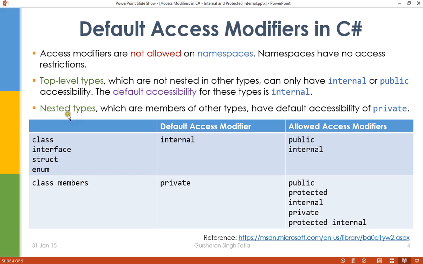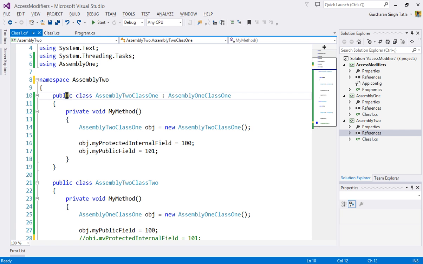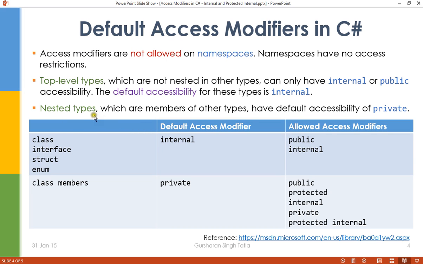And nested types, which are members of other types. So within this class, these methods, properties, fields, or even a class within the class, they are all nested types. By default, their accessibility level is set to private. So if you look at the table down here, class, interface, struct, enum, the default access modifier for them is internal if they are defined as a top level type.